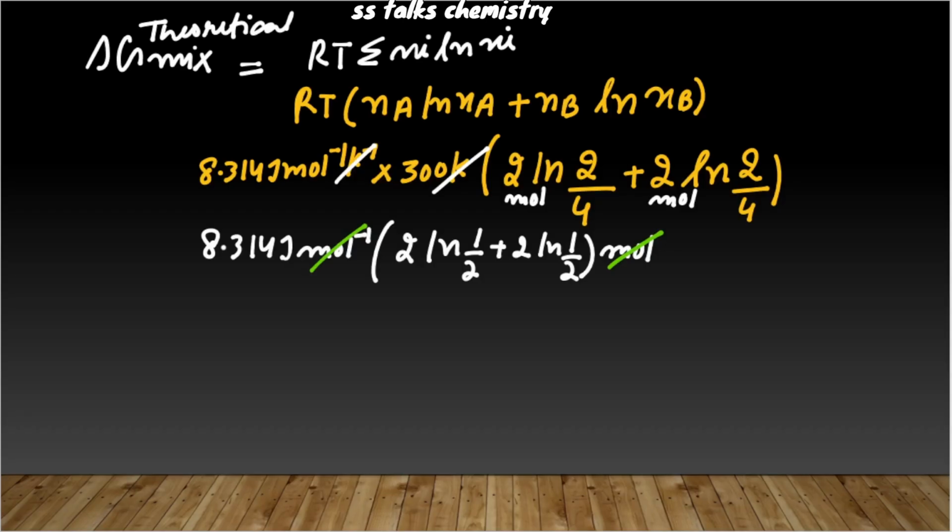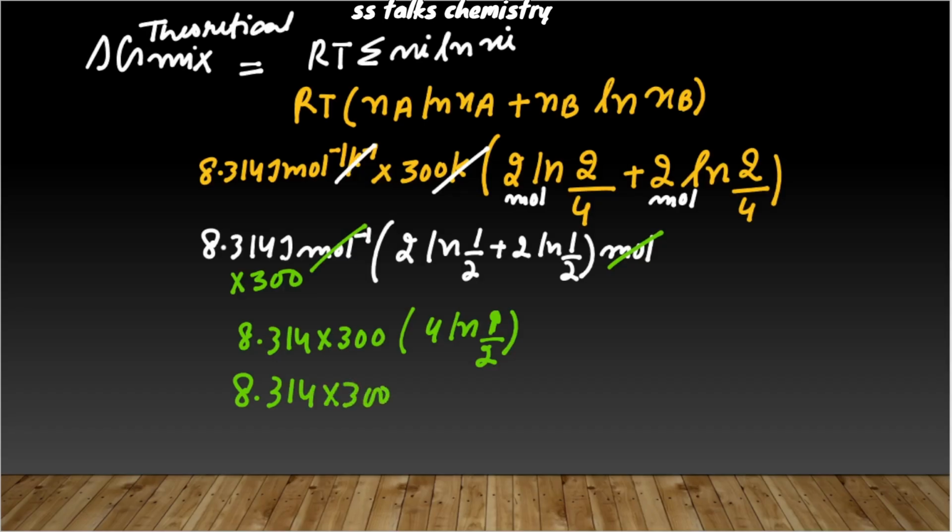So we have this 300 also. So 8.314 into 300 into 4 ln of 1 by 2. So you can write it as 8.314 into 300 into minus 4 ln of 2. Solving this, we get the value minus 6.915.